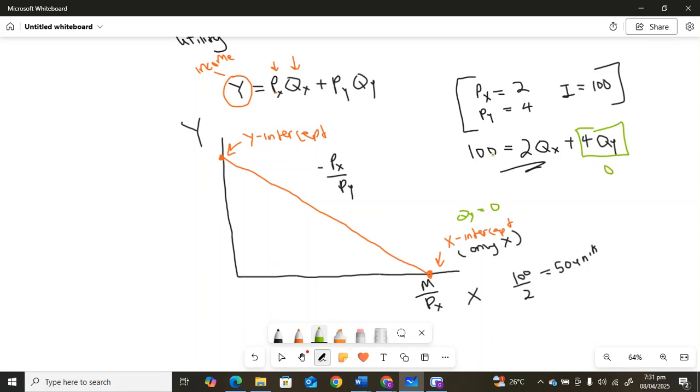You just remain with 100 equals 2Qx. You want to find the value of Qx, divide both sides by 2, and you find that 100 divided by 2, that is 50 units. Okay. So that's what the x-intercept means. Any questions before we go to the y-intercept and then the slope?